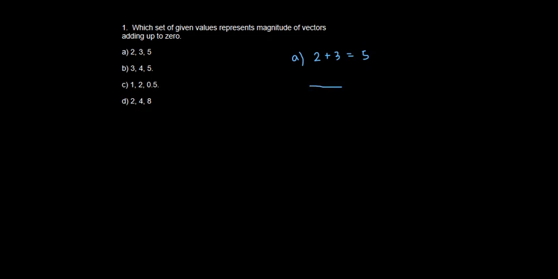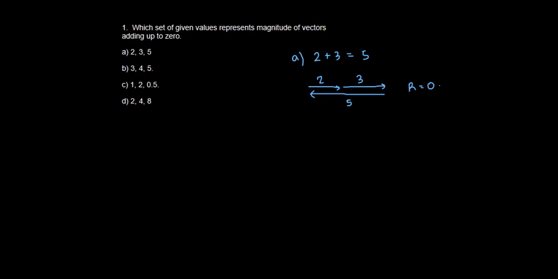If they are simply arranged in a collinear form. For example, this is the vector 2, this is the vector 3, and this is the vector 5. If they are arranged in such a fashion, you can clearly see the resultant should be equal to 0. So this is the first way: see if any two numbers are adding up to the third number.